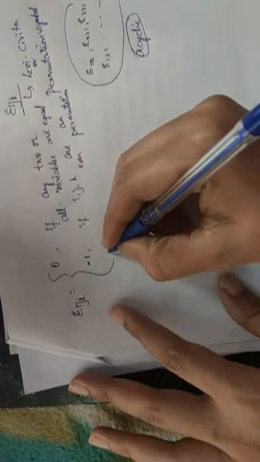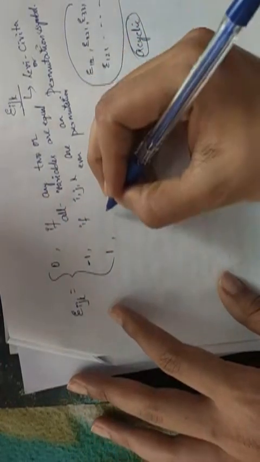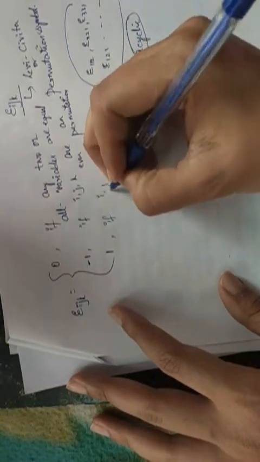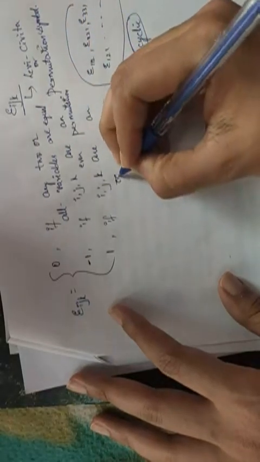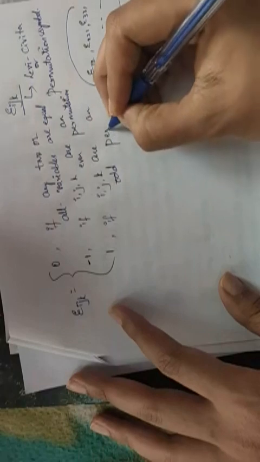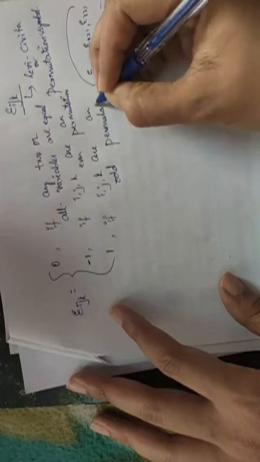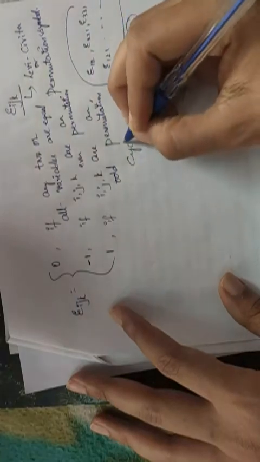And epsilon ijk takes the value 1 if ijk is an odd permutation. In other words, I can say that the arrangement of ijk is in cyclic manner.